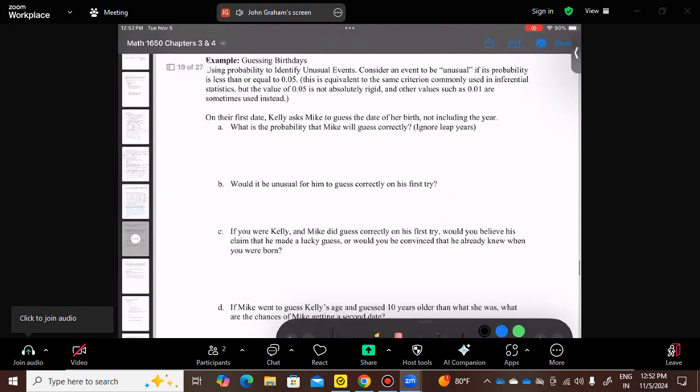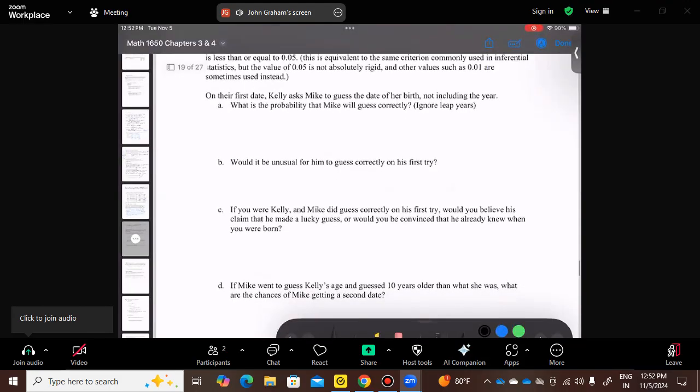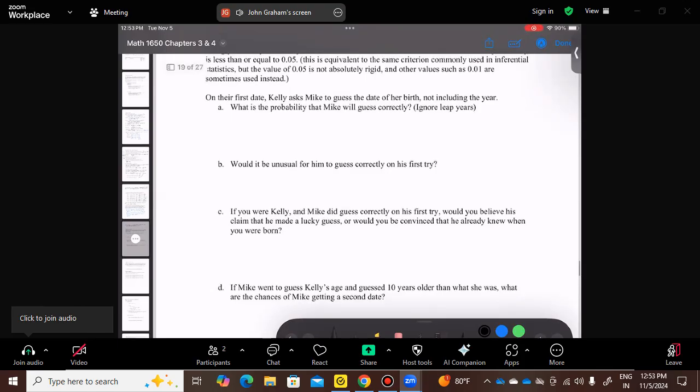Right, so in this example, on their first date, Kelly and Mike, Mike decides he's going to try to guess her birth date, not including the year. And we're not going to worry about leap years. What is the probability that Mike guesses correctly? Well, one birthday. You only are born on one day out of 365 days.